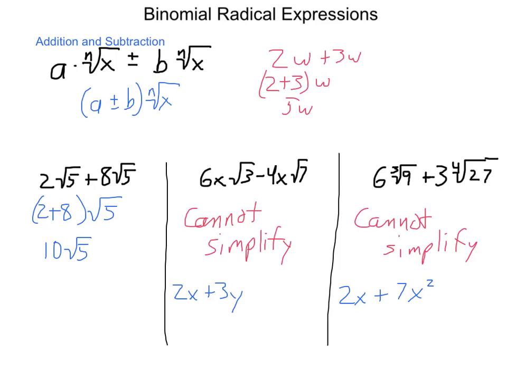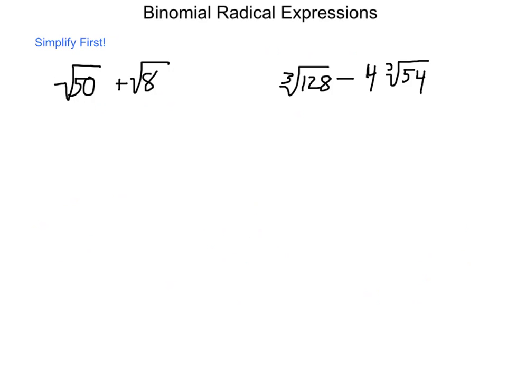So how can we go about the process of creating items that have the same radical and the same index if we start differently? Let's take a look. If I have the square root of 50 plus the square root of 8, on first glance these are not compatible because they have different radicands. But as the directions here state, we're going to simplify first.